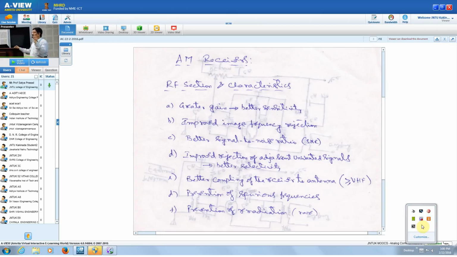If we have a gain of 100 at the RF amplifier, so one microvolt input gives 0.1 volt output. The sensitivity increases. Let us gain, which gives better sensitivity.